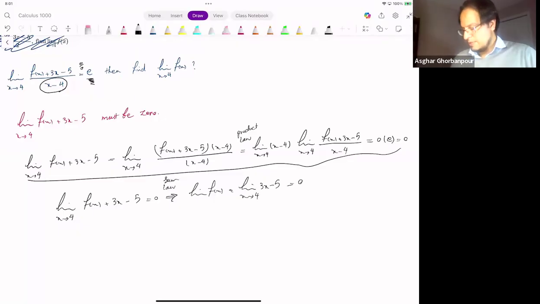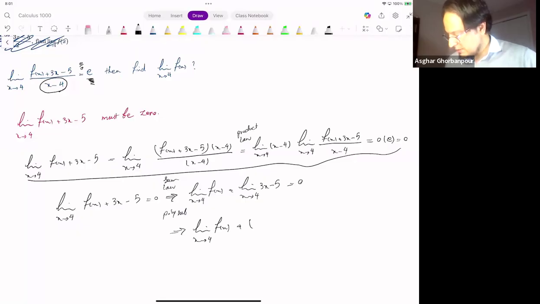And as a result, the limit of f of x as x goes to 4 plus, just plug in the values, by the polynomial substitution law, 3 times 4 minus 5, must be equal to 0.